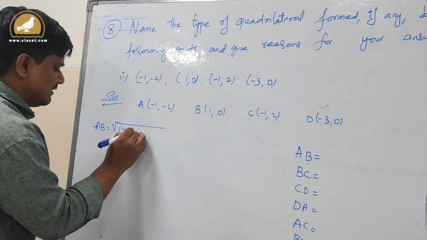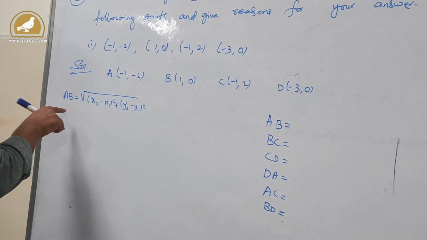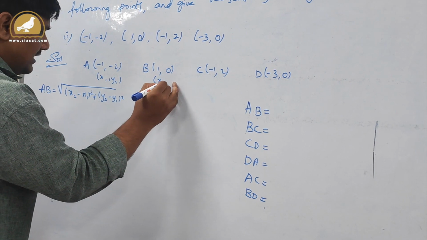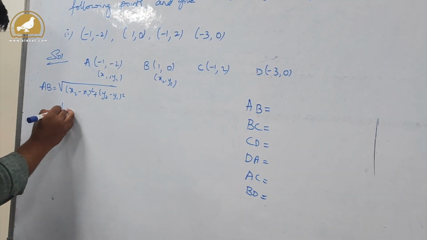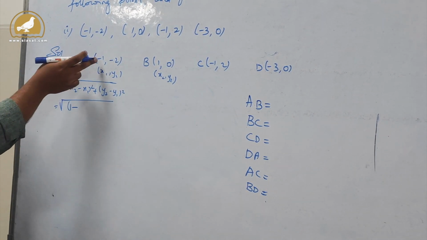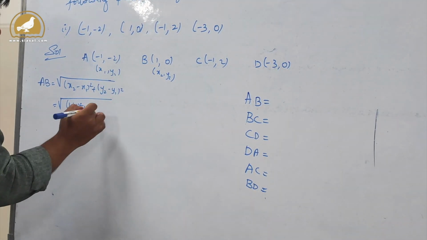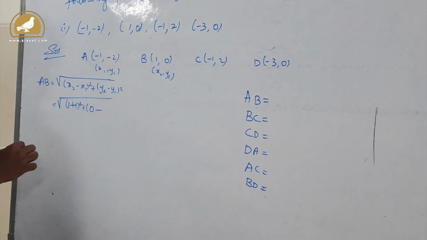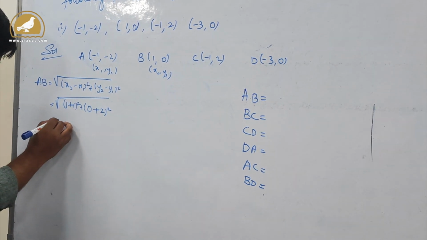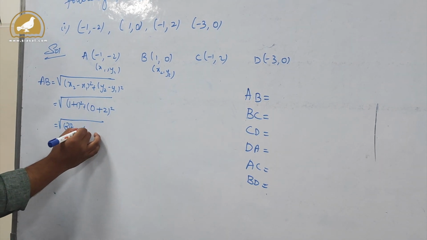The formula remains the same: square root of (x2 minus x1) whole square plus (y2 minus y1) whole square. When we are calculating AB, A will be x1, y1 and B will be x2, y2. If we substitute, the value of x2 is 1, the value of x1 is -1, so minus into minus, plus 1, so 1 plus 1 is 2, 2 square. The value of y2 is 0, the value of y1 is -2, so minus into minus, plus 2, plus 2 square.